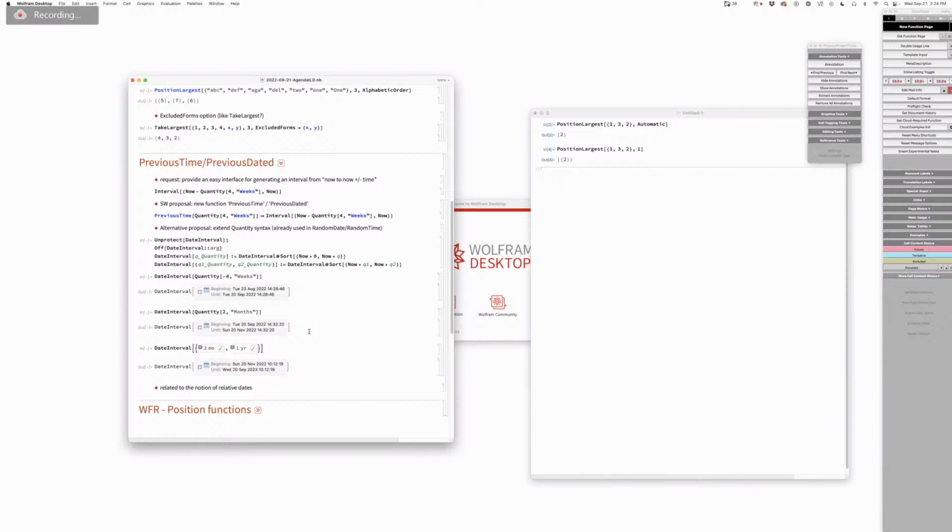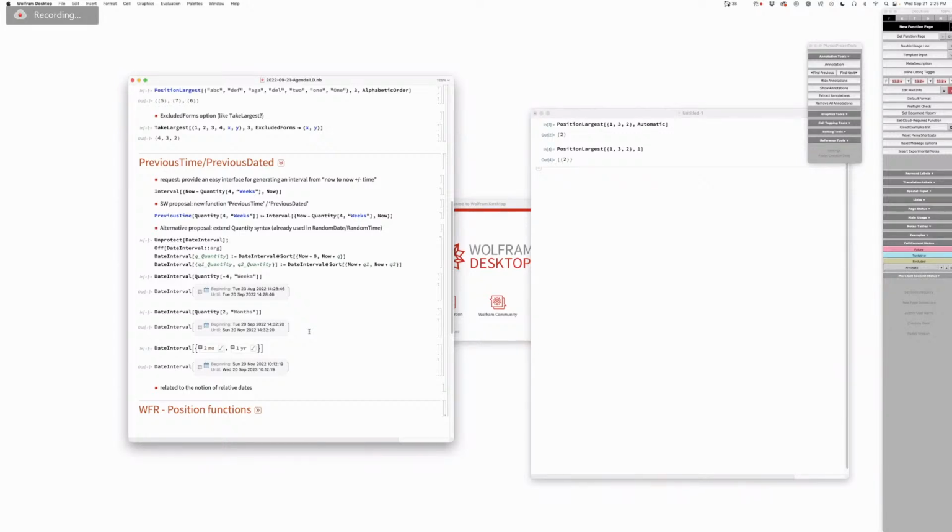Well, what I was thinking is we had just made a similar syntax for random date and random time where you could give it a quantity and it would be that quantity relative to now. And so we could potentially have the same thing in date interval where you give date interval a quantity, and that means from now until now plus that quantity, which could be positive or negative.